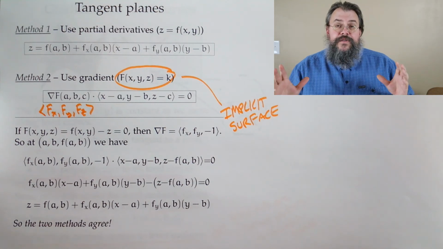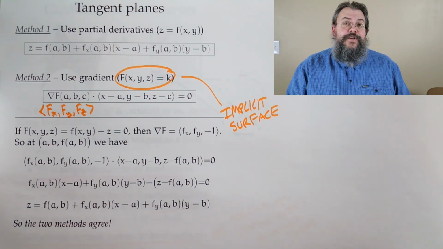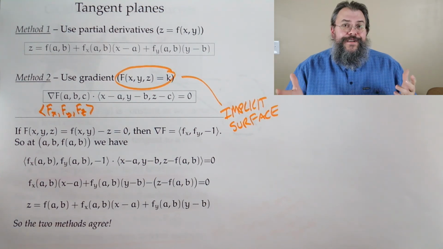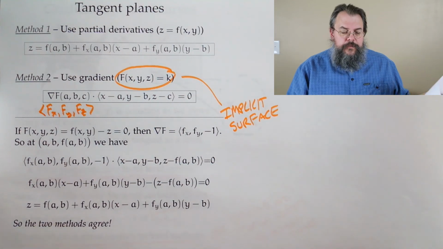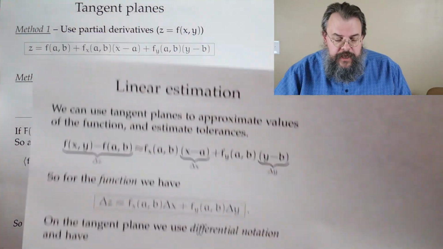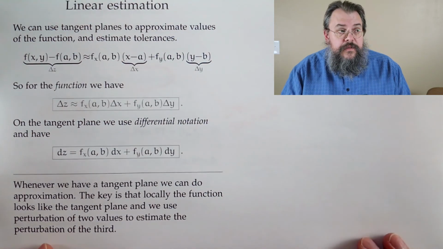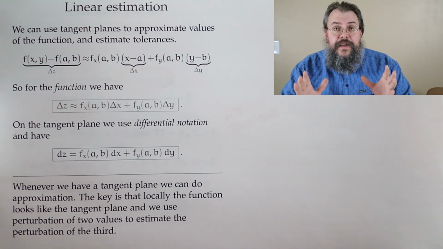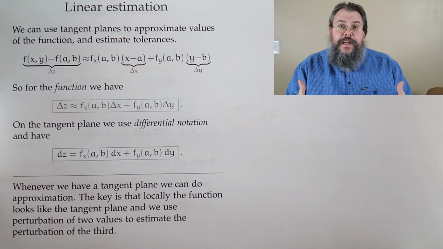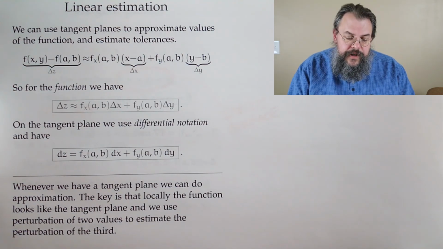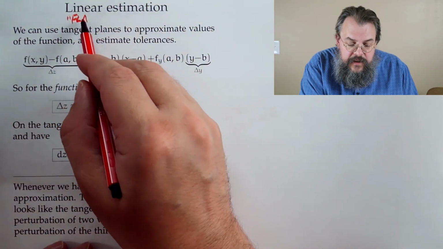And of course, that brings us to our last small topic for today, which is, well, why would we want to find tangent planes? One of the core things we come down to when we talk about tangent planes is that we can use them to do what's called linear estimation. Now, the word linear is just a fancy way of saying flat.